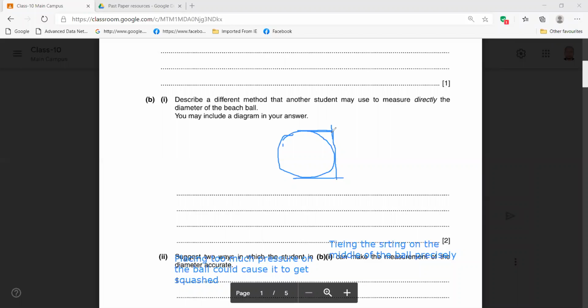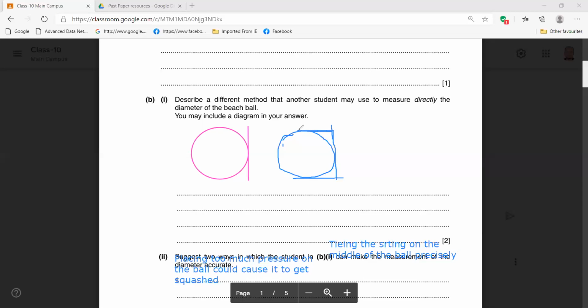Why can't we use measuring tape? Measuring tape seems a good option. Yes, measuring tape we can use, but you have to use another instrument, for example one ruler or one set square, to get the reading accurately, because your top position is here, right?